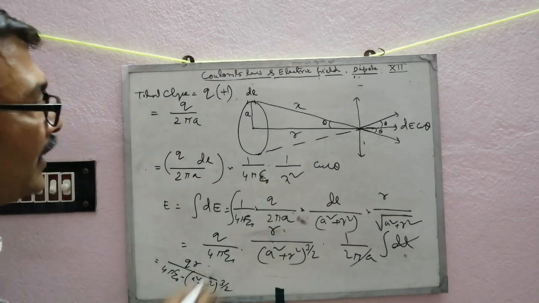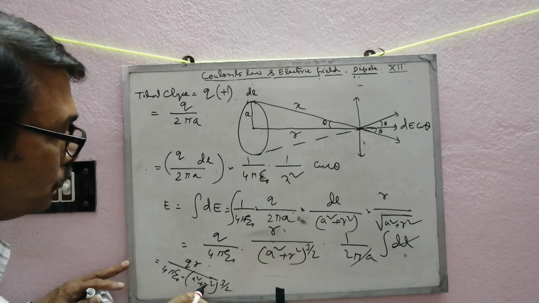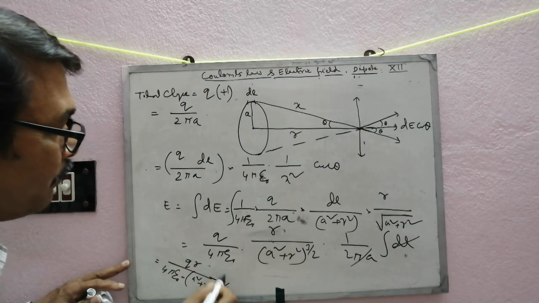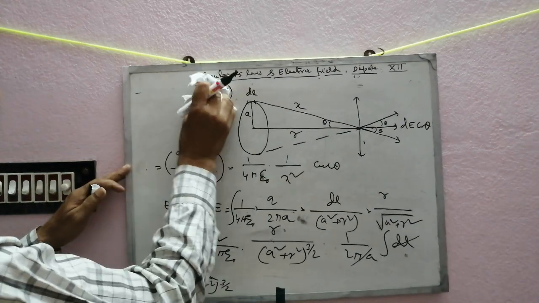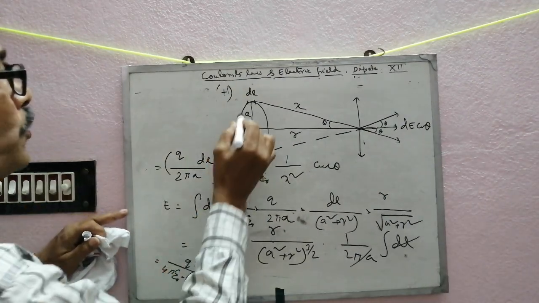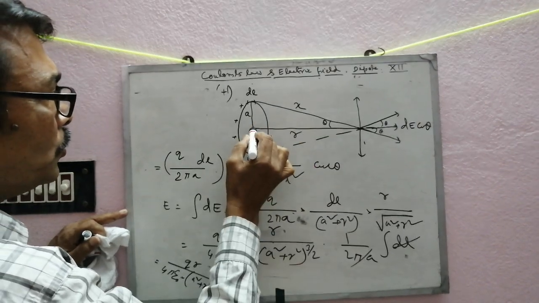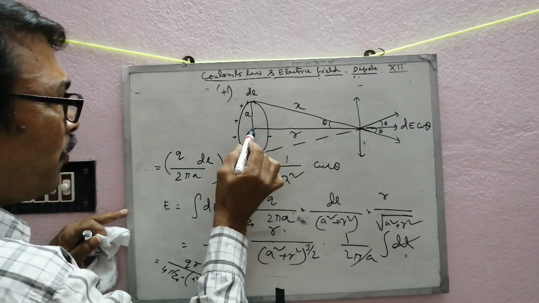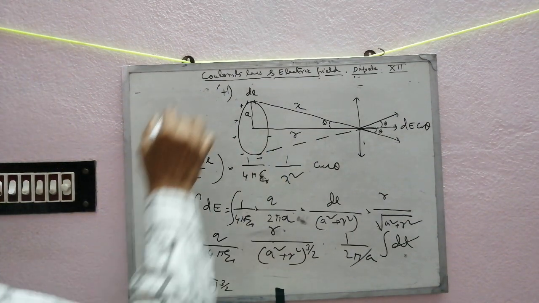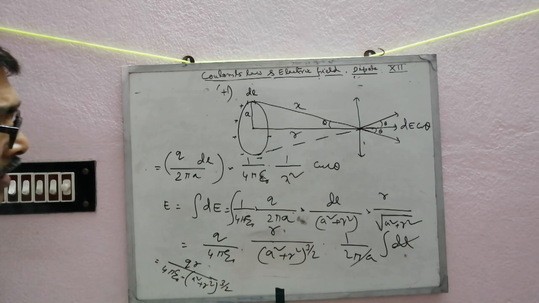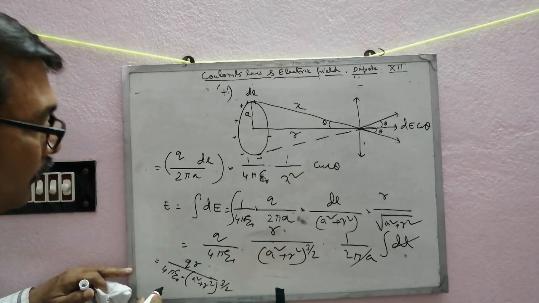Follow. At the center, what is the value of r? 0. So at the center the field will be 0. Look, at the center the field will be 0 because for every point the field is opposite and equal, so they cancel each other. Put the value of r equal to 0, we will get 0.